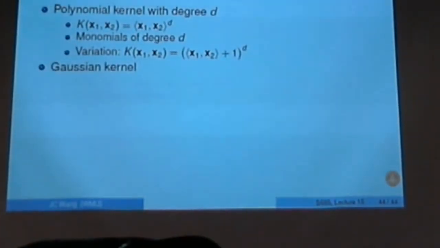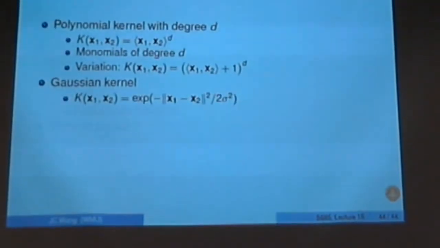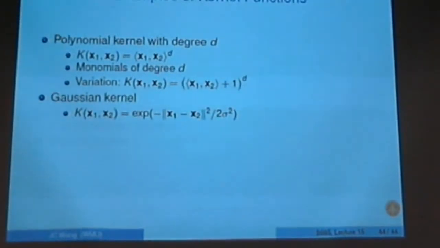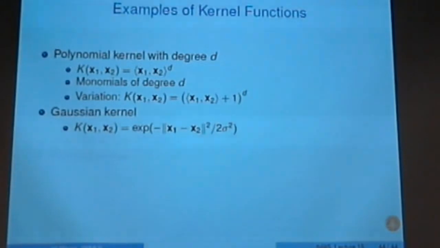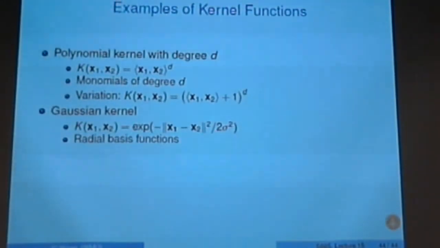And the Gaussian kernel is in this form. In a sense, the first one is also a special case of a radial basis function. A radial basis function is a function whose value depends on x only through the distance from the origin to this vector.